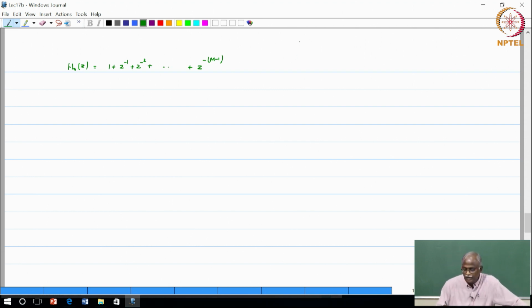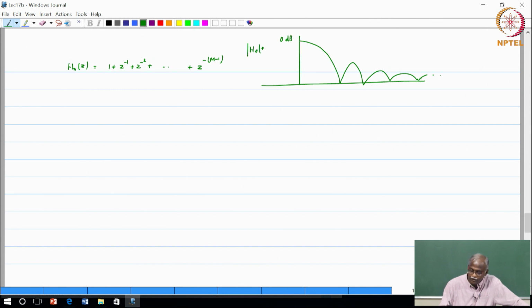This is a rectangular window, we have studied this many times. So if this is 0 dB, the magnitude of h naught of e to the j omega, the first 0 will happen at 2 pi over m, the second 0 will happen at 4 pi over m, then 6 pi over m, basically multiples of 2 pi over m.